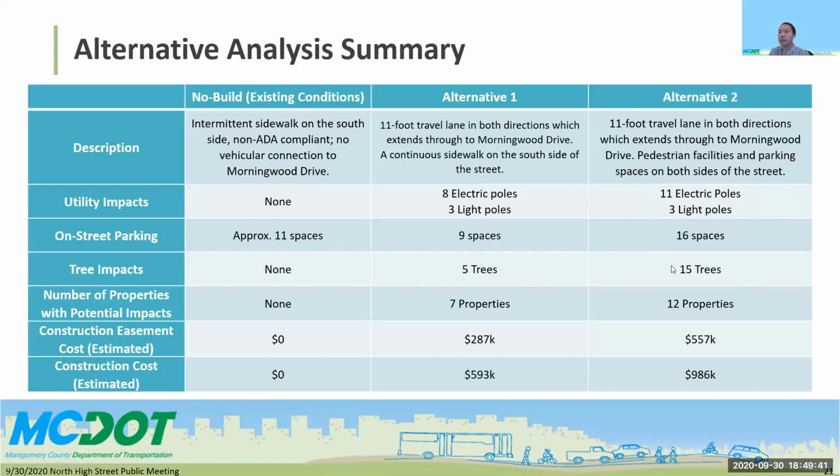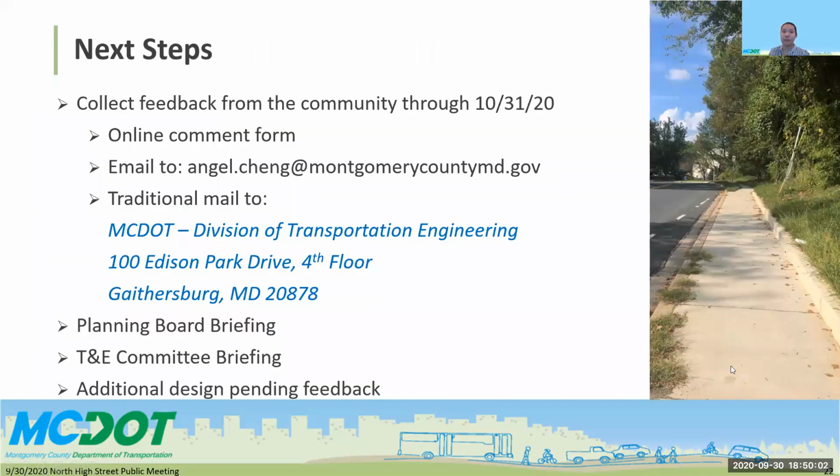When it comes to tree impacts, we're talking about approximately 15 trees. The number of properties with potential impacts increases to 12. Construction easement costs we're estimating at $557,000, and construction cost at $986,000.